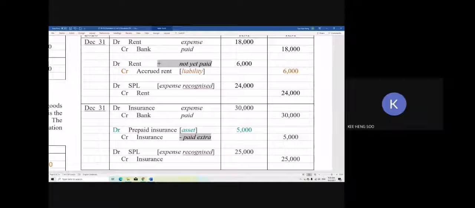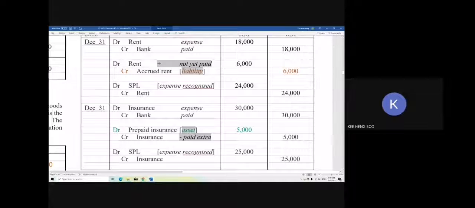You studied this in Year 1 Diploma, semester 1. You add accrual, minus prepayment. So this accrual will appear as a liability. Can you see I put it in orange color? And the prepaid will be recognized as an asset, because it is on the debit side.